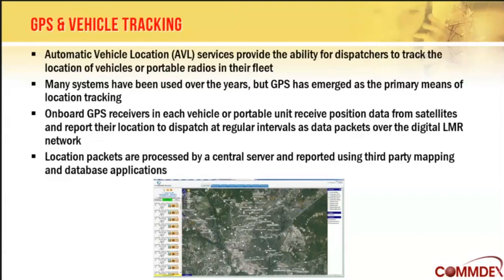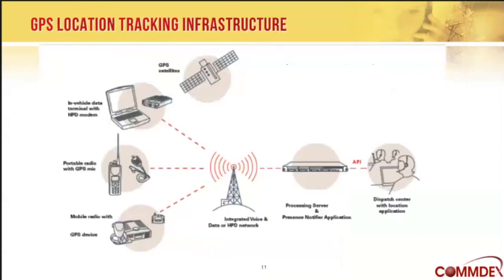So you need a server and a third-party application to make it work. And there's a simple diagram. GPS satellites go to the vehicles, which report over the data network, it goes to a processing server, and then to the dispatch center. Since it's third party, you basically have an application programming interface that lets it talk to the radio system.